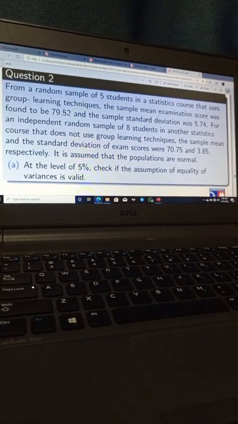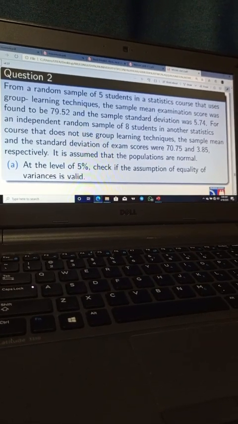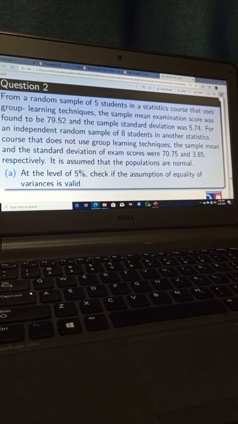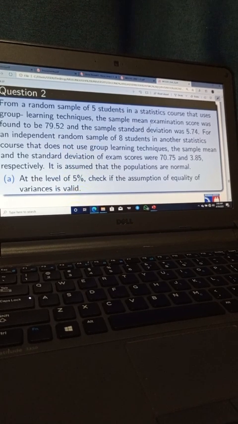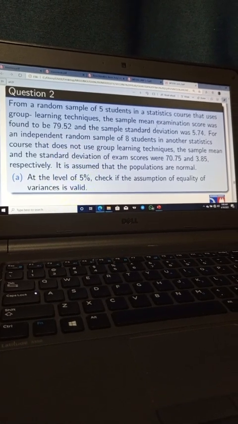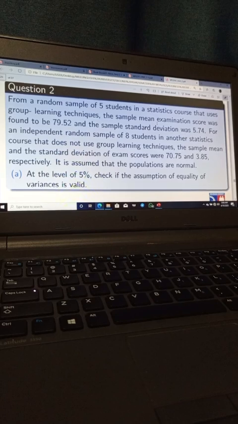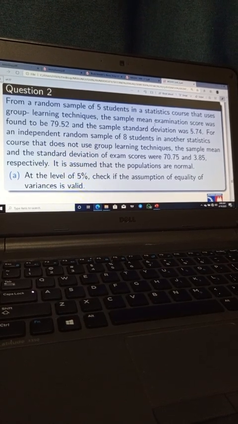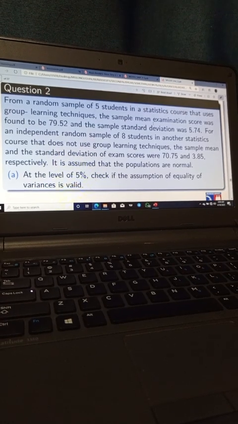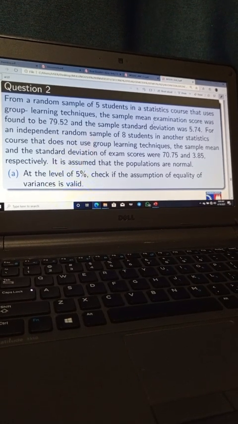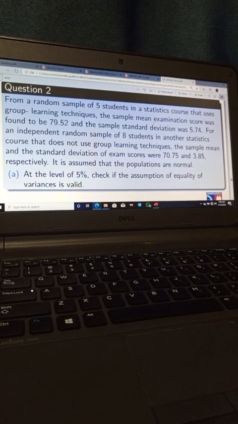So we can say sigma 1 or S1. Remember, they basically mean the same thing. S is simply the standard deviation calculated from a sample, and sigma is the standard deviation calculated from a population. But in this case, let's denote either S or sigma, regardless of whether it's a population or sample.